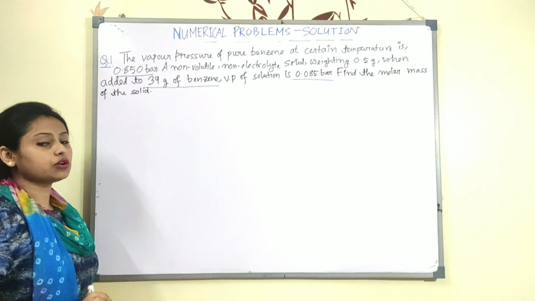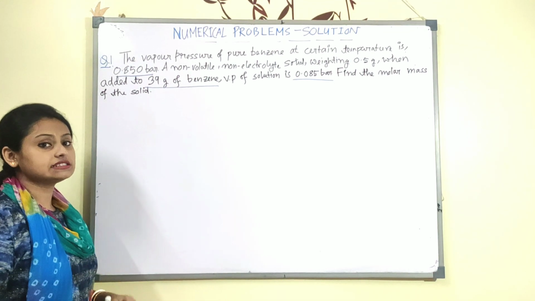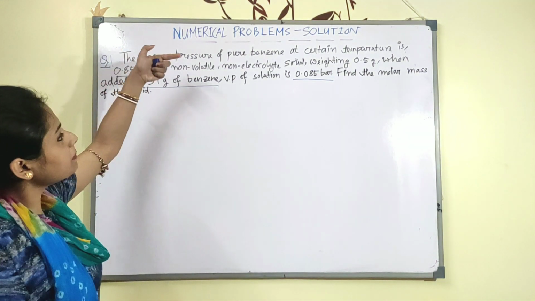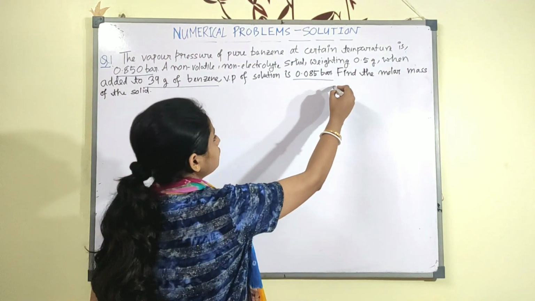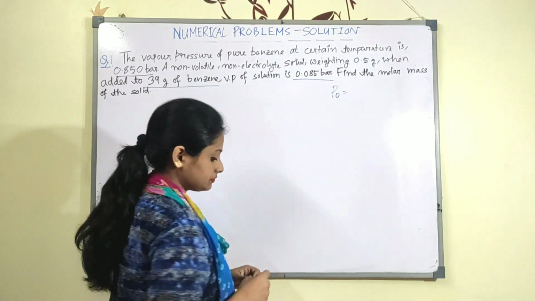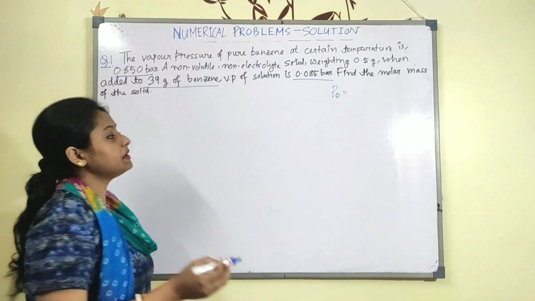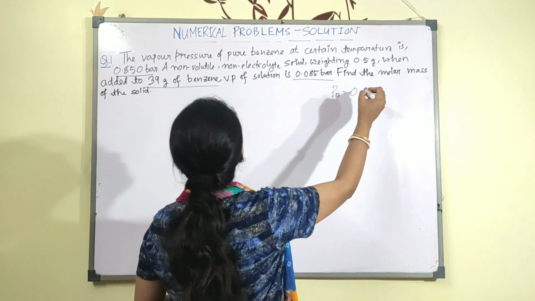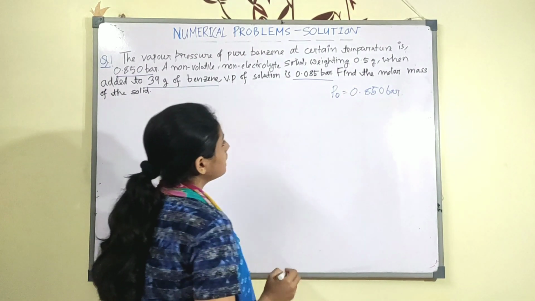Now, what to do in these numerical problems? I have already told you, always tabulate all the data given in the question. So, data number 1, vapor pressure of pure benzene, the pure state, that means P0 equals 0.850 bar.